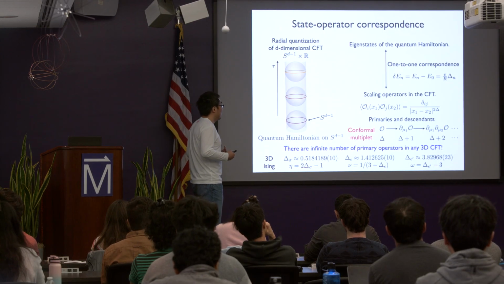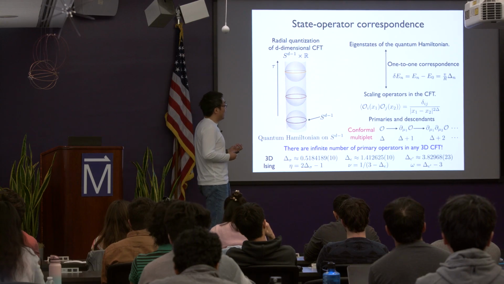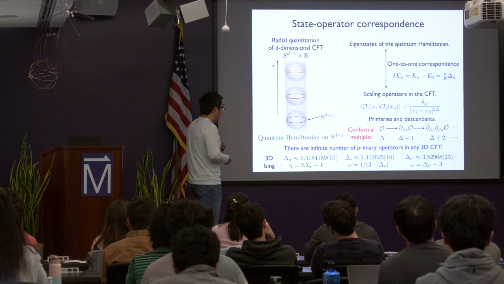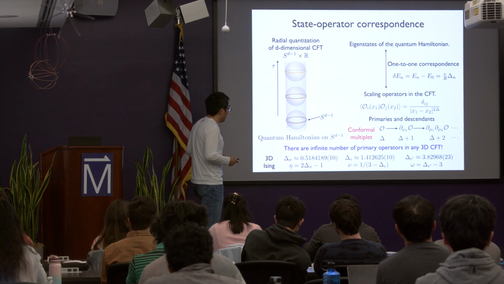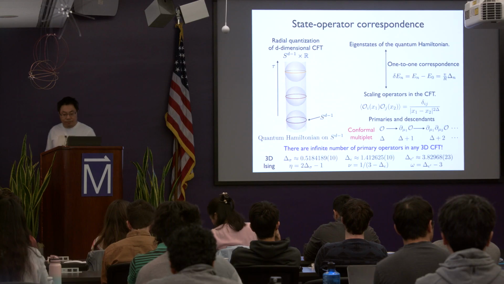Then to get scaling dimensions, we can just diagonalize the Hamiltonian to analyze the low-energy spectrum, and you get all those numbers that would take others millions of CPU hours to get.